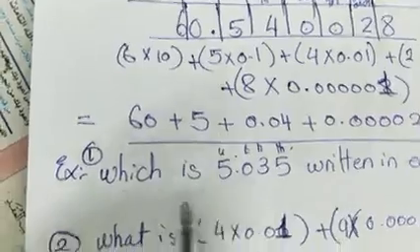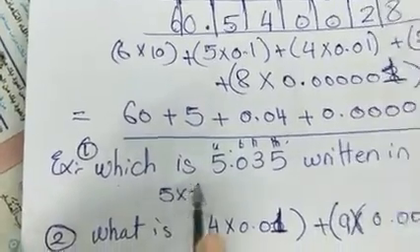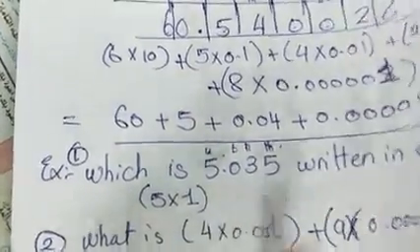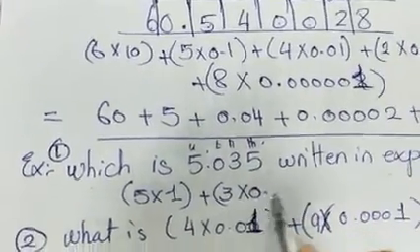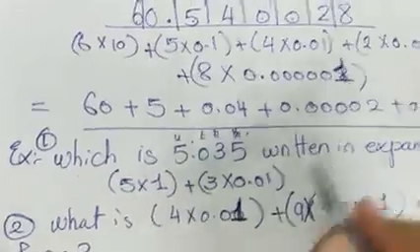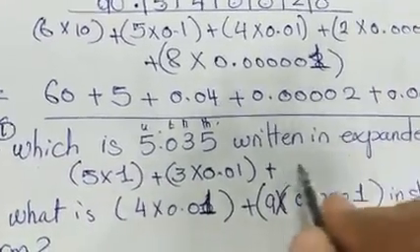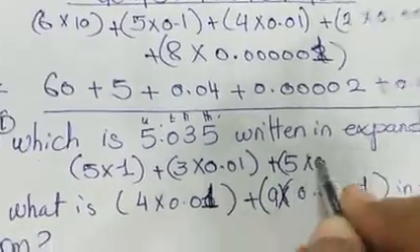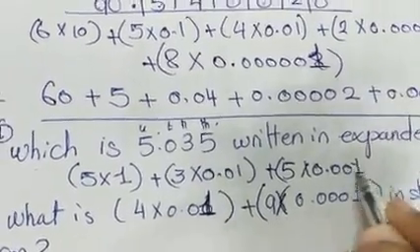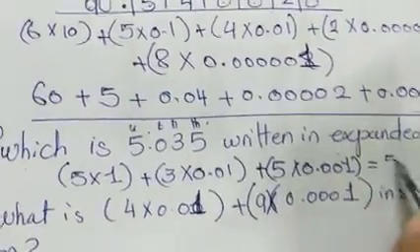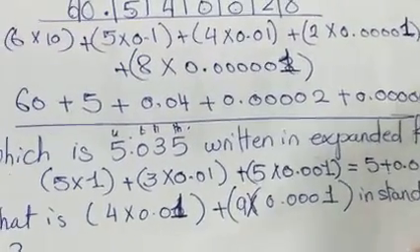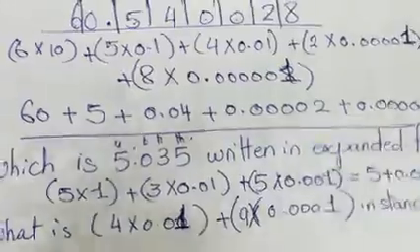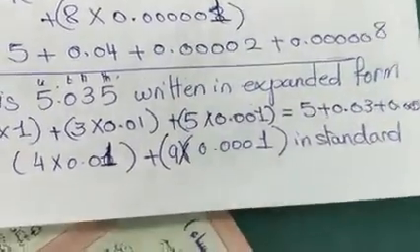So I will type it as 5 times 1, plus 3 times 0.01, or hundredths, plus 5 times 0.001, which equals 5 plus 0.03 plus 0.005. This is how we type the expanded form.